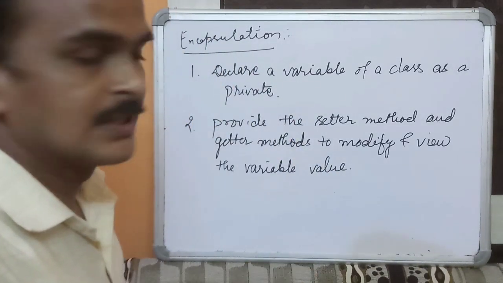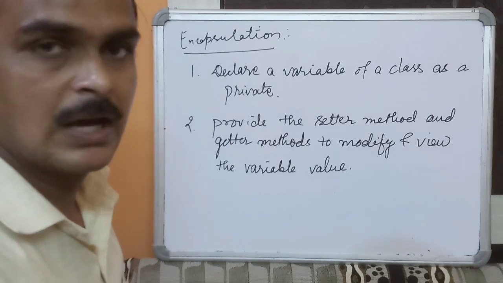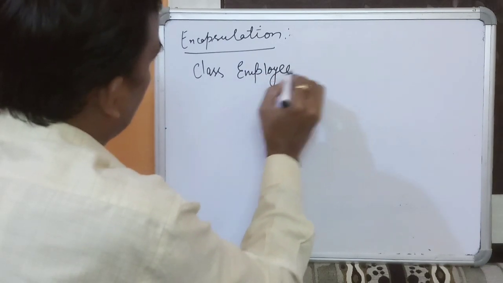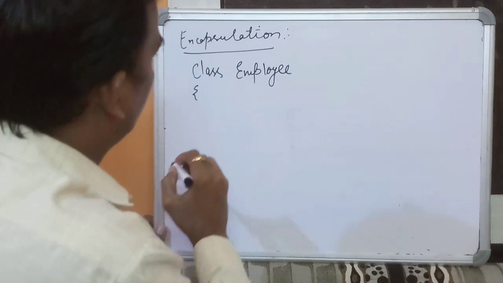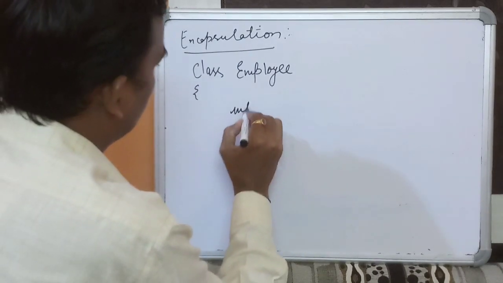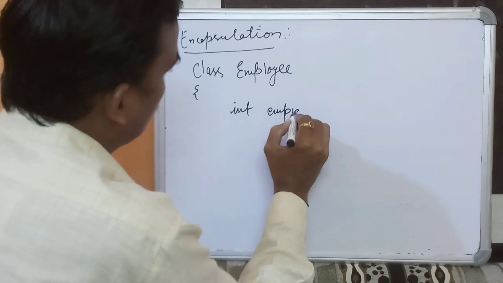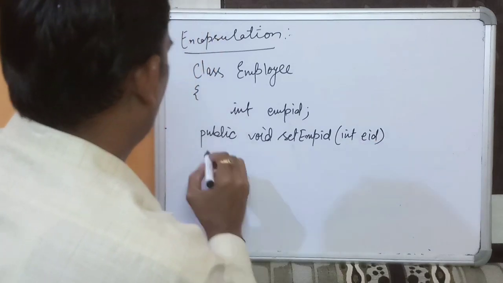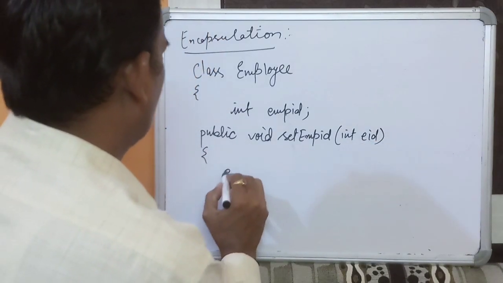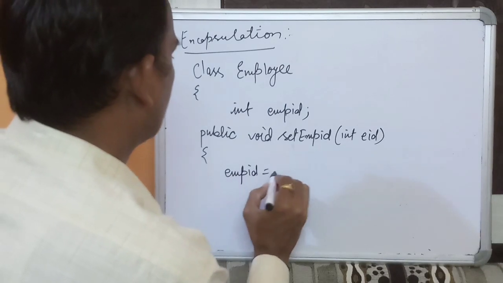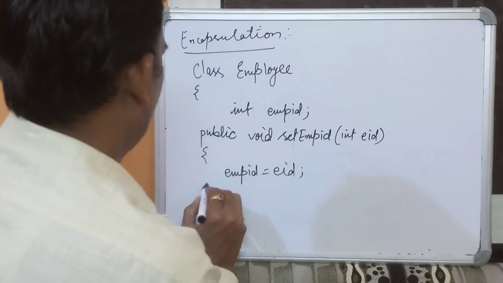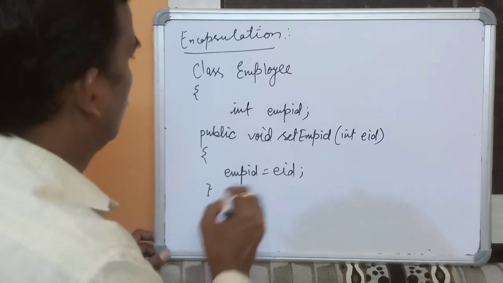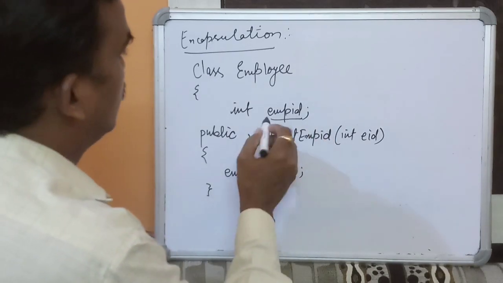With one example we will see this. We have a class Employee, and in this class we declare one variable, int eid, and we use employee id equals eid. So we are declaring one variable in the class.